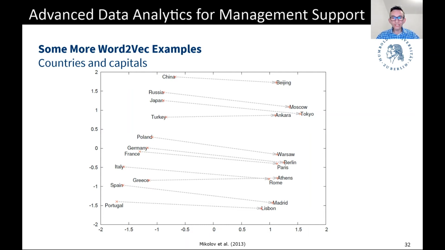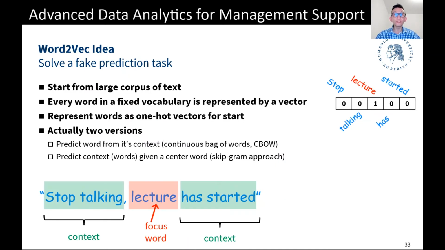So let's sketch the idea of Word2Vec, which is very similar and will feel quite familiar, I believe. In fact, what you do is use a neural network to solve a fake prediction task. Well, why a fake task? Fake is just saying that you artificially construct a prediction task because neural networks do well with prediction tasks.